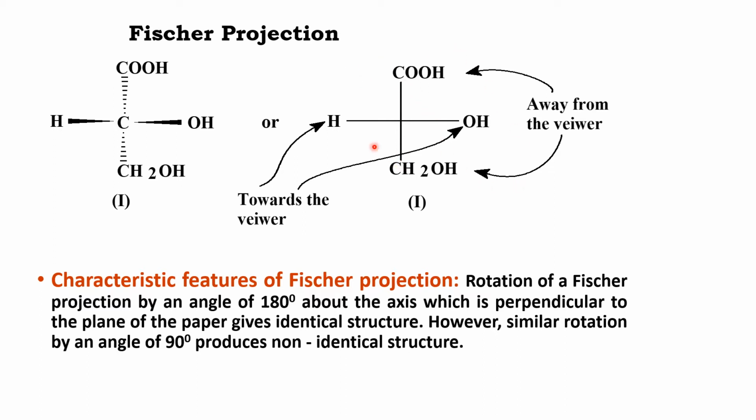So I have a vertical line and a horizontal line, and that intersection represents the asymmetric carbon atom, and the horizontal lines show that the H and OH are pointing towards the viewer, or it could be represented as a wedge structure here, while the vertical line shows that the CHO and CH2OH are away from the viewer. So this is the projection formula.